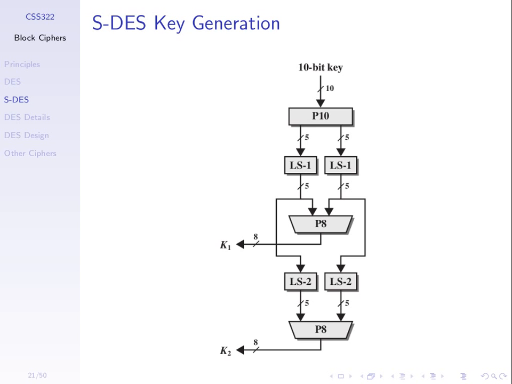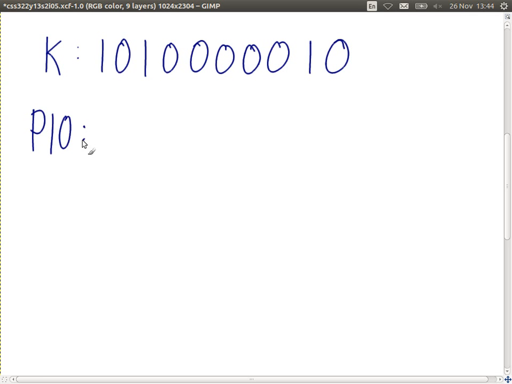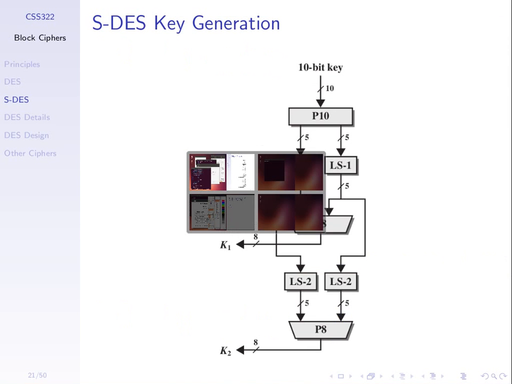So let's go through that with our 10-bit key. The first thing is we apply P10. So with our key, after applying P10, that rearranges those 10 bits. But how? That's defined on one of the slides.